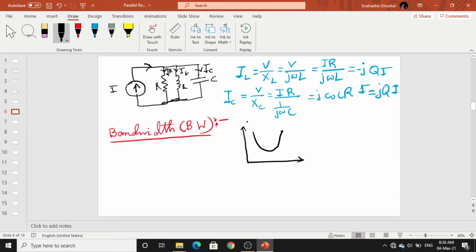This is current, this is frequency, omega naught, omega higher cutoff, omega lower cutoff.